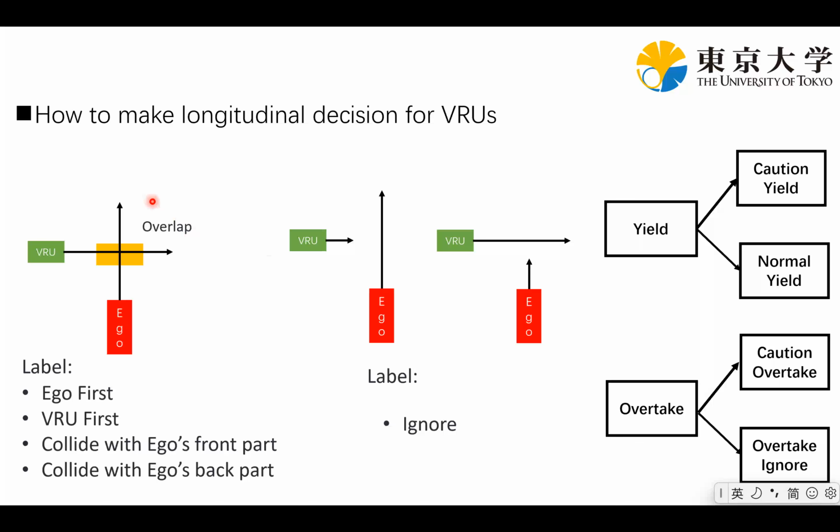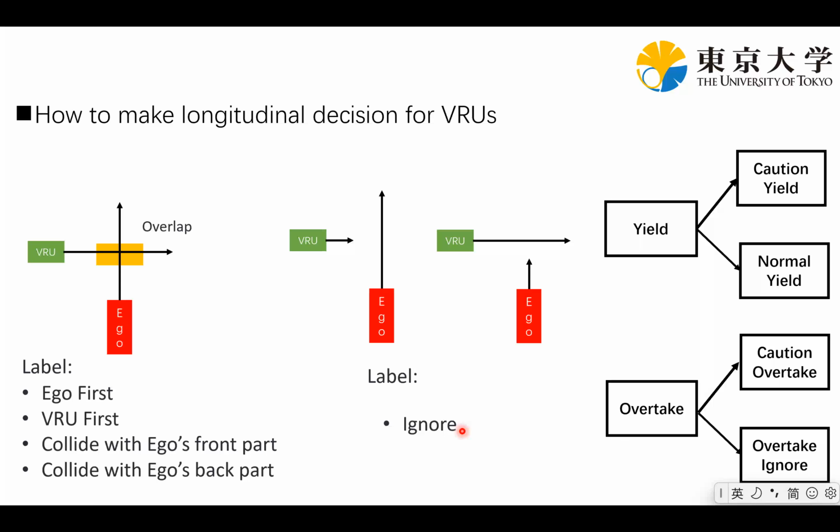If the paths of VRU and the ego vehicle may overlap, based on the order of arrival or collision situation, they can be categorized into labels such as ego first, VRU first, collision: the VRU collides with the ego's front part or back part. Or some situations may be labeled as ignore.